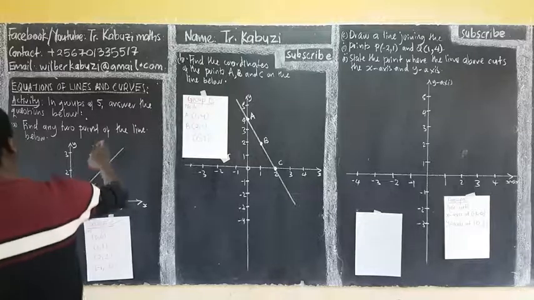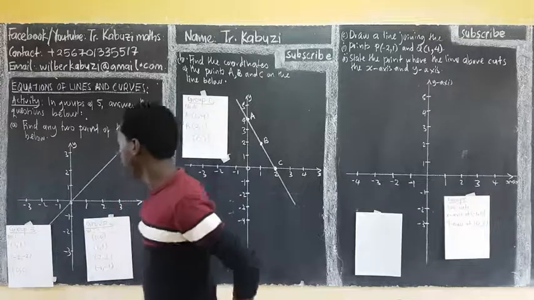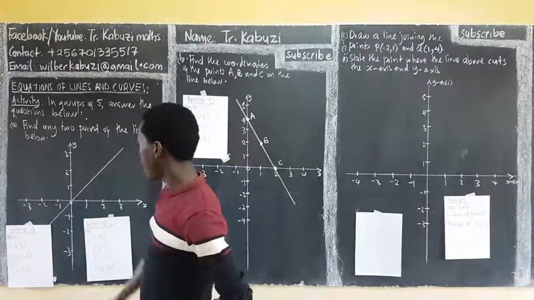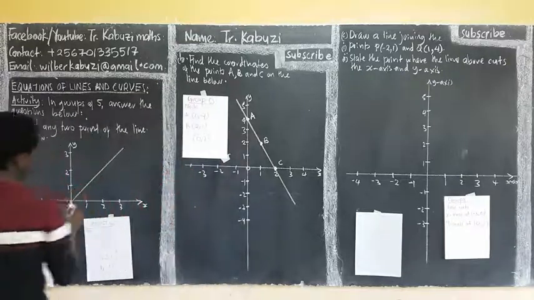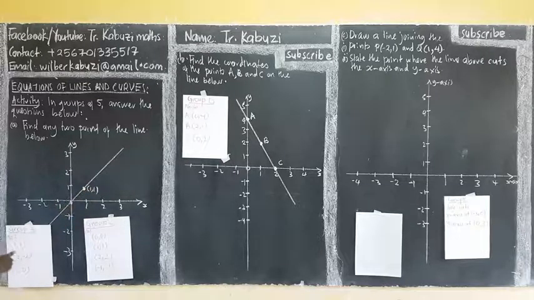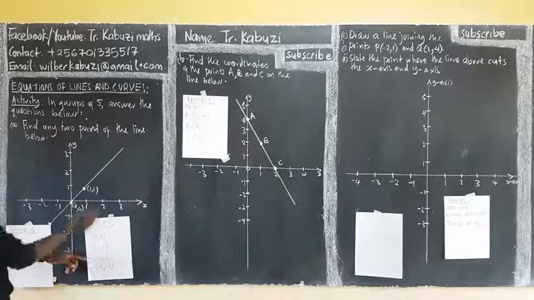Okay, find elementary points on the line. So group 3, they have 1, 1. They have -2, -2, which is D. So this is 1, 1. Then -2, -2, which is here. Then they have 0, 0, that is the origin. So this was the easiest, I think, to get. Then this group, they have 2, 2.